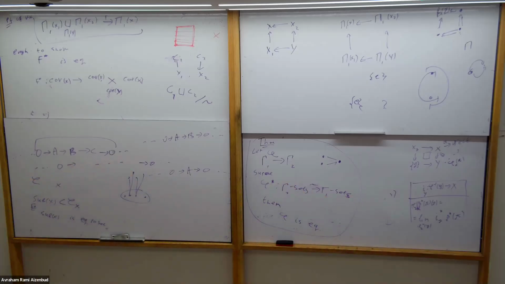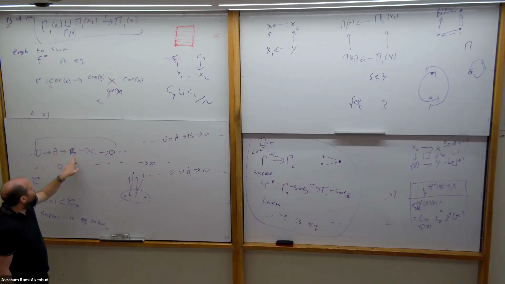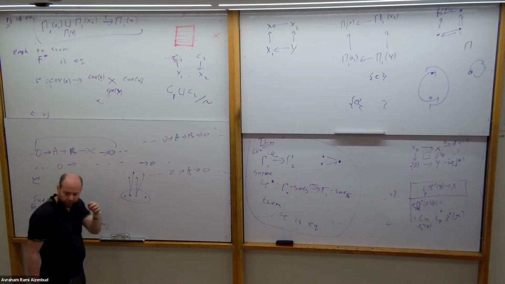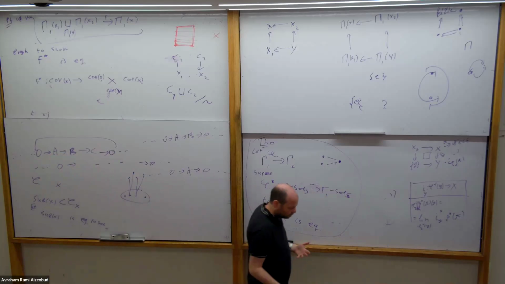So what does it mean that we have a short exact sequence? What does it mean about this map and about this map? This one has to be a monomorphism, an embedding, because the kernel is 0. And this map is an epimorphism because the co-kernel is 0.